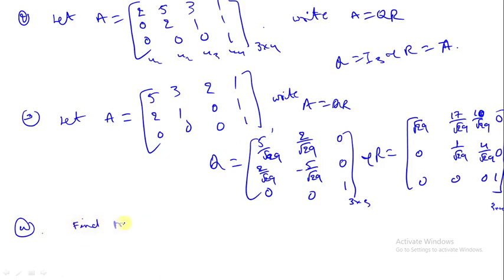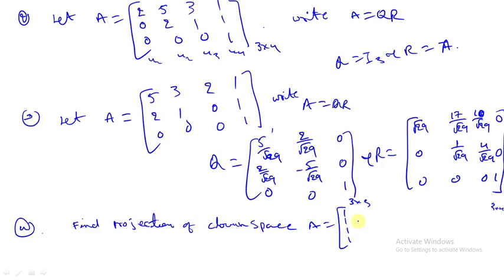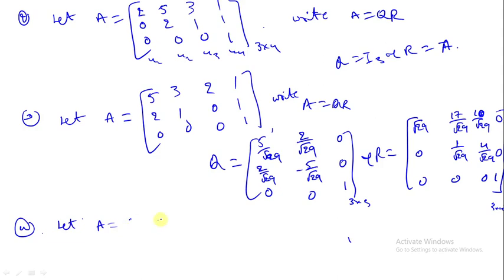Find the column space of A. Let A equal to 1 1 1 1, minus 2 0 1 3.